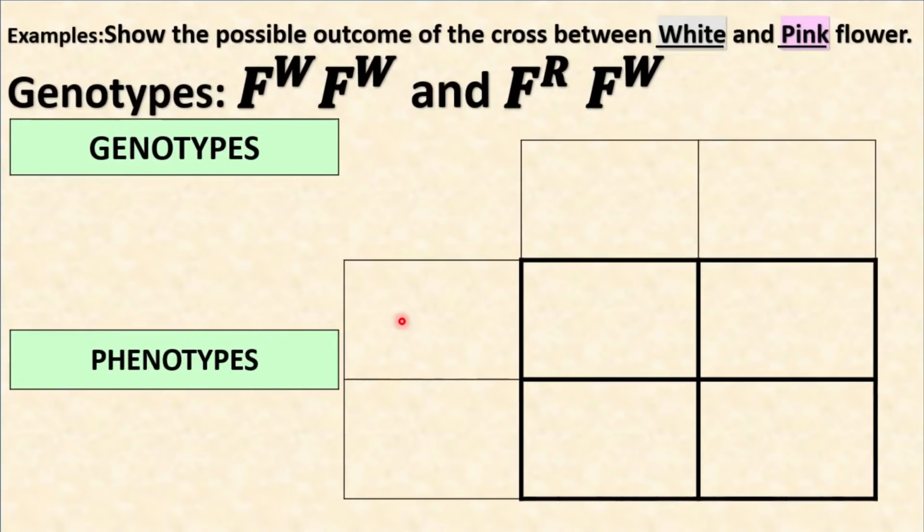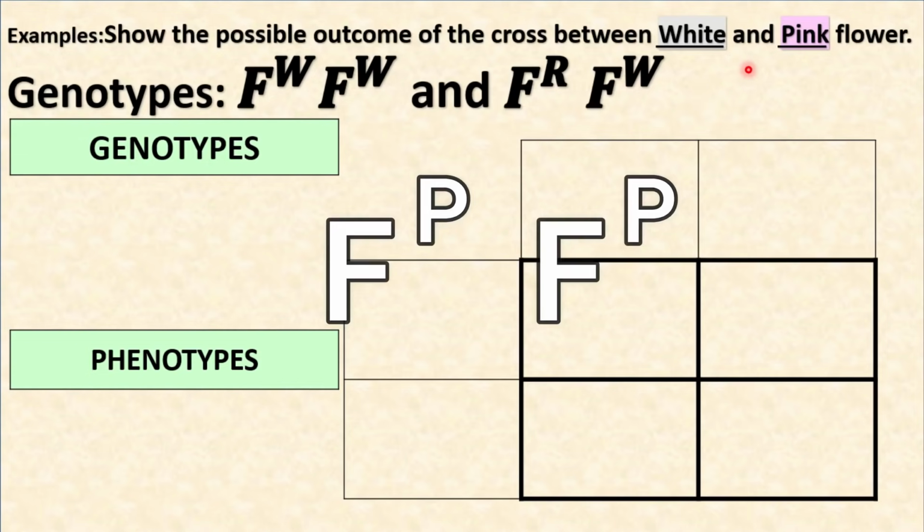Let's have another example. Show the possible outcome of the cross between white flower and pink flower. So what are our genotypes? For white flower, our genotypes are FW and FW. For pink flower, our genotypes are FR and FW.